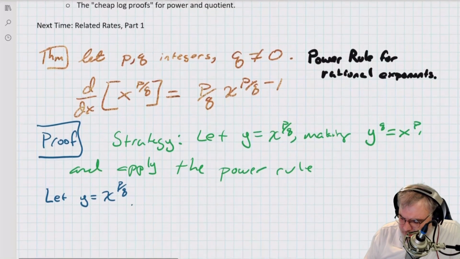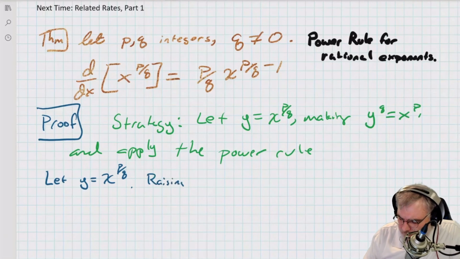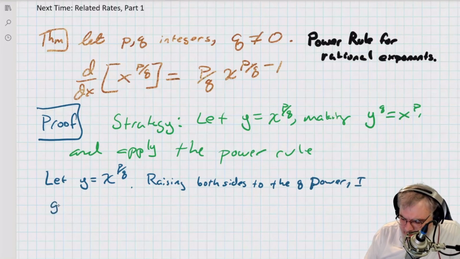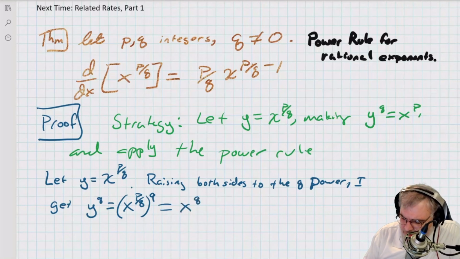Then raising both sides to the q power, I get y to the q equals x to the p over q, to the q, which is exactly the same as doing x to the q times p over q. So the q's will cancel, and I get x to the p.